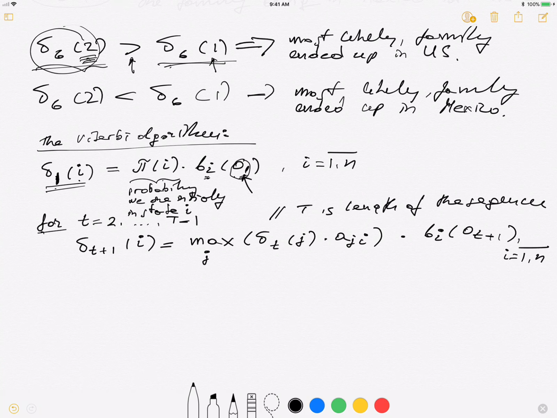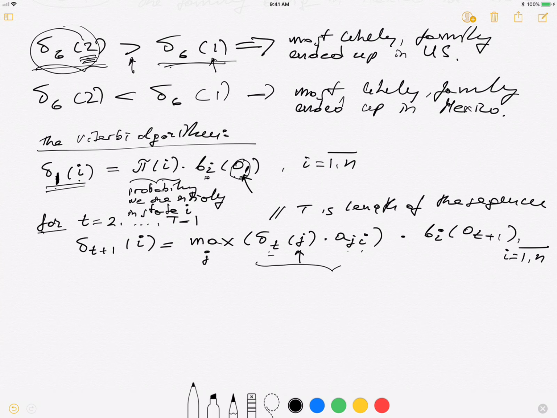So, what I am doing really here, delta t of j is the probability of the most likely sequence that led us to state j at time t. And a_ji is the probability that we transition from j to i.